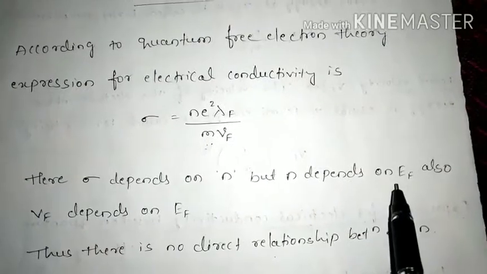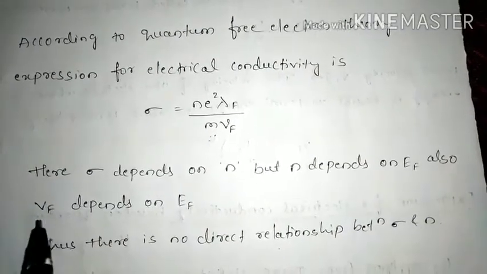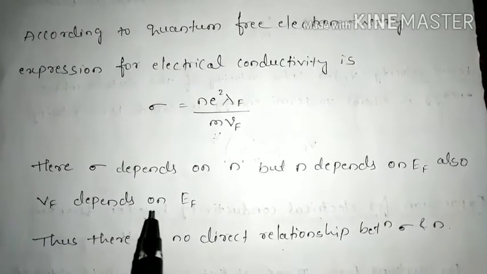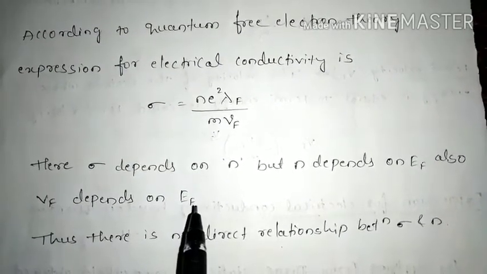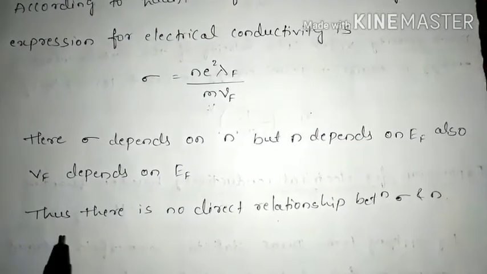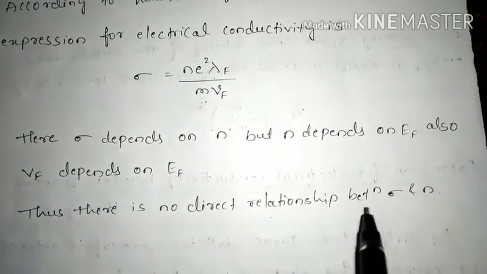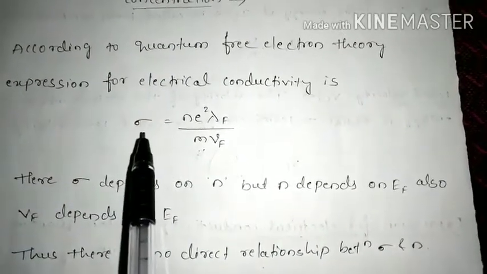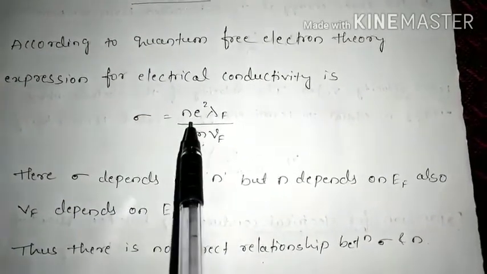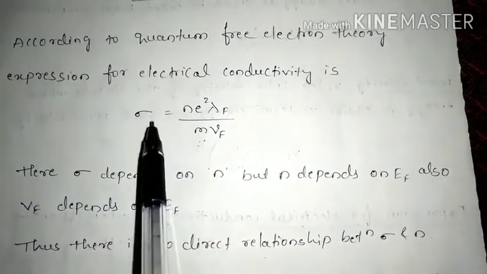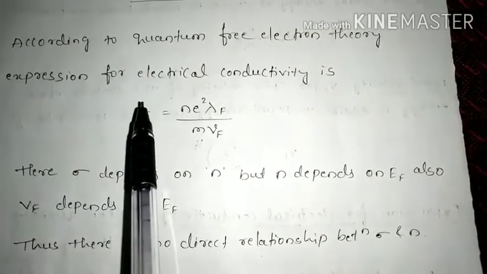Ef, the Fermi energy, and also Vf, the velocity of Fermi electrons. Thus, there is no direct relationship between sigma and n. In classical mechanics, we said that sigma is directly proportional to n, so as n increases, the value of sigma should go on increasing.